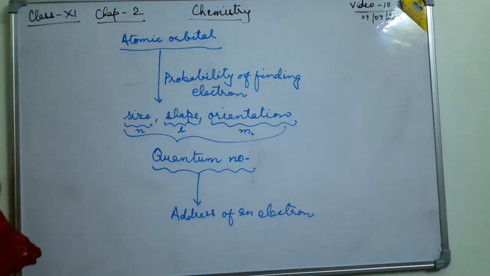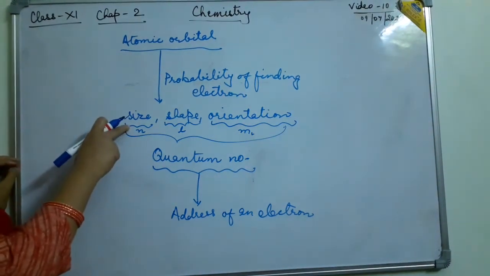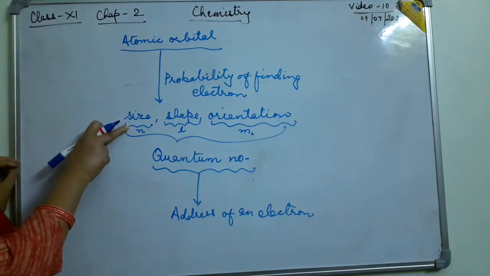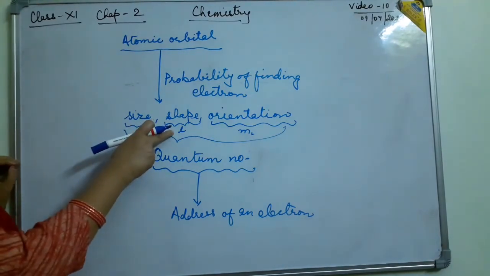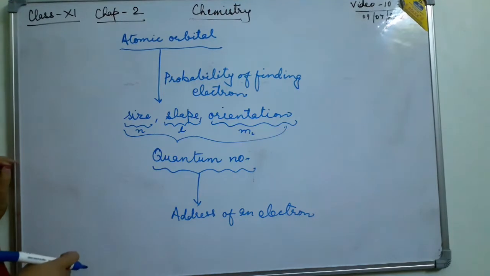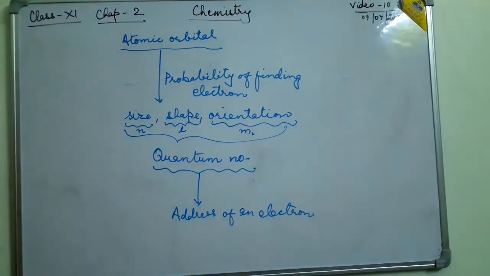By knowing the quantum numbers, we can know the address of an electron: what is the size of the shell in which electrons are present, what is the shape of the orbital, and what are their orientations in different orbitals. So let's start with the quantum number.